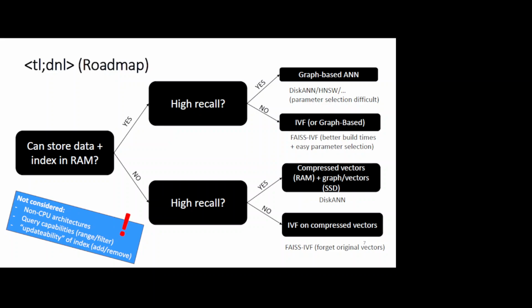That's the upper branch. For the other way, if you cannot store all the data in your RAM, you have to go to another pathway. The next question is whether you want a high recall. If yes, since you don't have enough RAM, you have to compress your vectors. Compressed vectors with your graph or some structures like this can help you if your memory is insufficient but you still want to achieve a high recall.